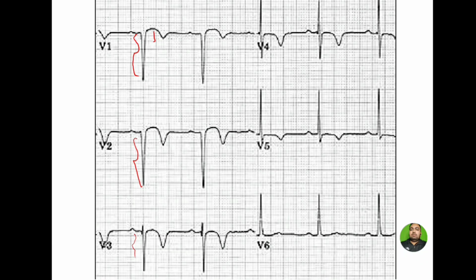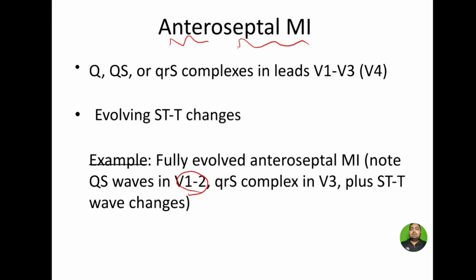There is ST segment elevation, almost 3 mm from baseline, and in V4 you can see there is very minimal, or you can say almost nil, ST segment elevation, and here you can see there is T wave inversion in leads V4 and V5. So now let us see what that is. There is QS or small q, small r, capital S complexes in leads V1, V2, V3 and sometimes V4.